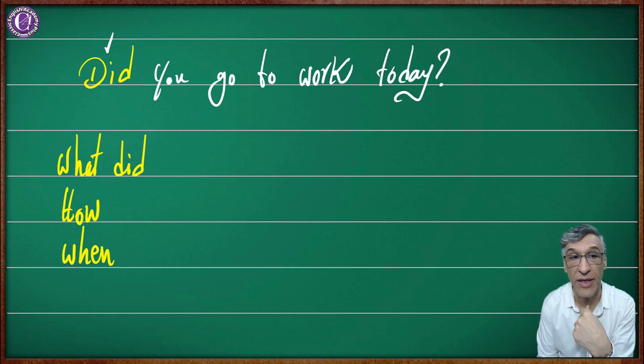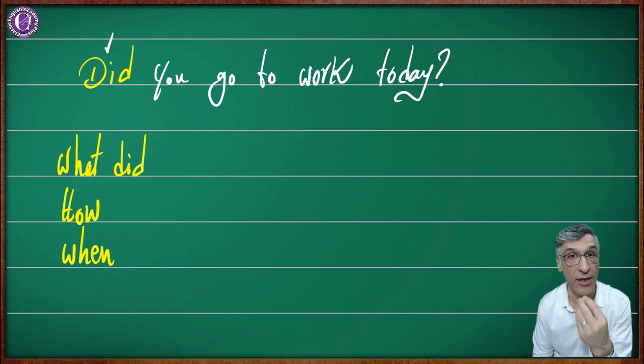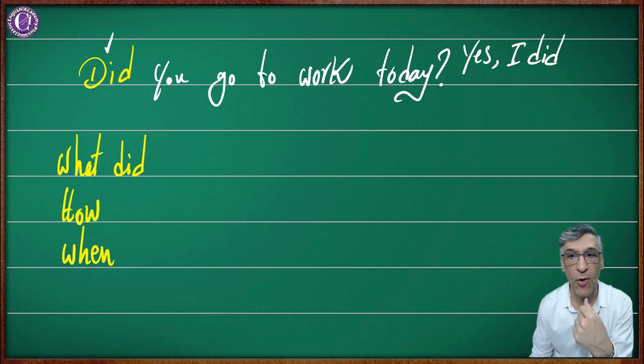We use helping verbs for different ideas. We are going to make different concepts. Very simple things. You can say yes, I did, or you can say no, I didn't, because it is necessary to answer it. The matter of the language is the necessity of the language.